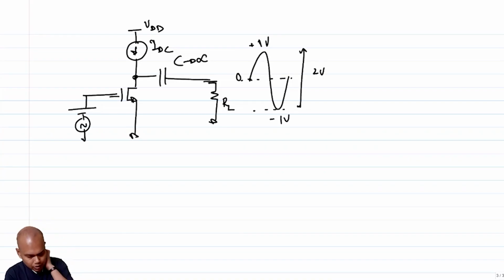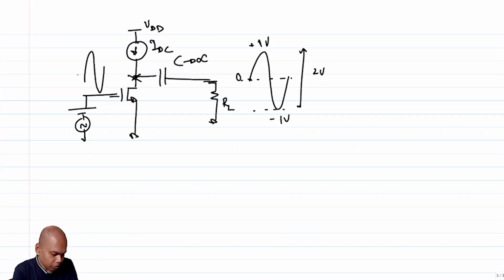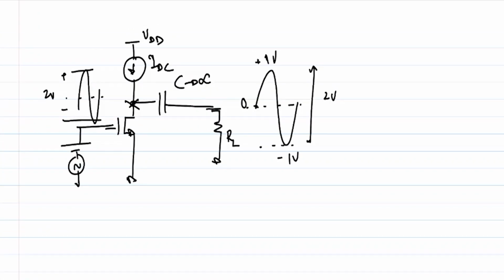And if the capacitor is AC shorted, I am expecting the voltage swing here to be also around 2 volt, right? Correct? So now if you are using a voltage supply which is barely 2 volt or less than that, then this clearly is not possible.